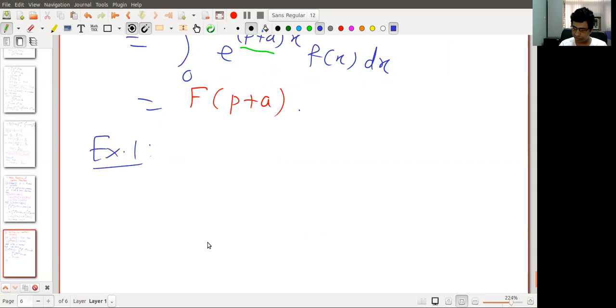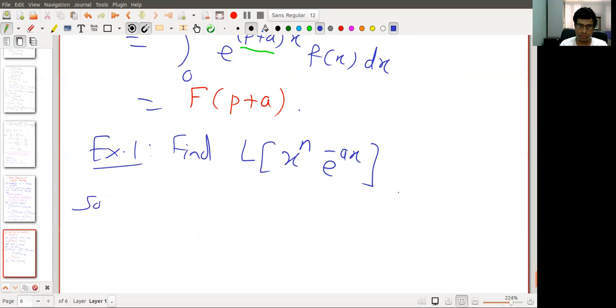First example is find Laplace transform of x raised to n multiplied by e raised to minus ax. A is constant. Now here we write f of x equal to x raised to n.